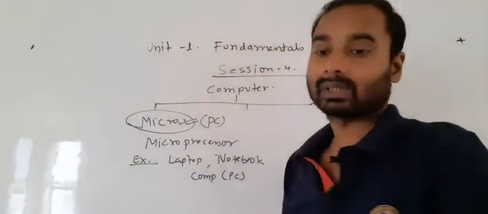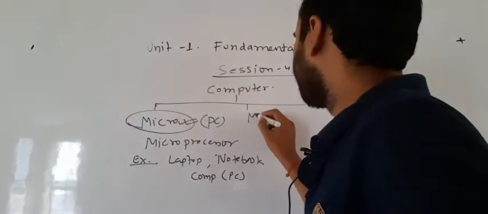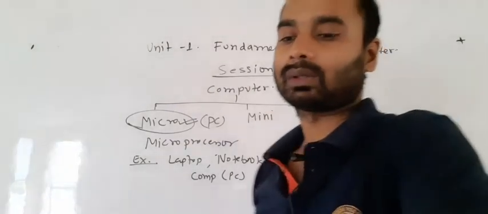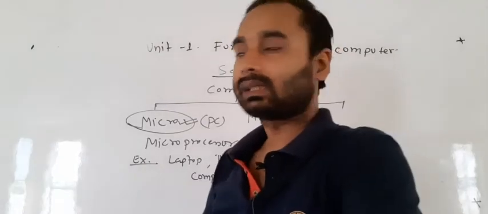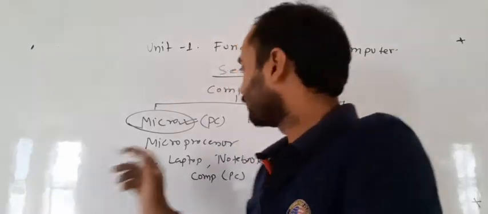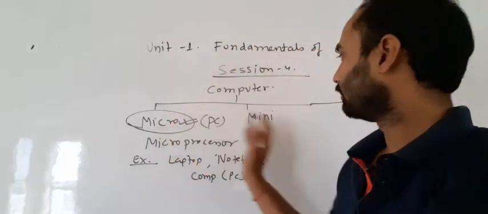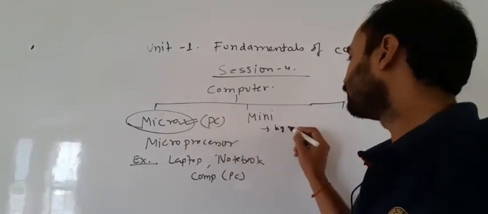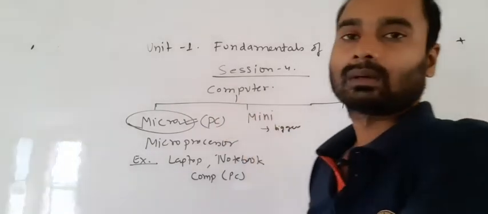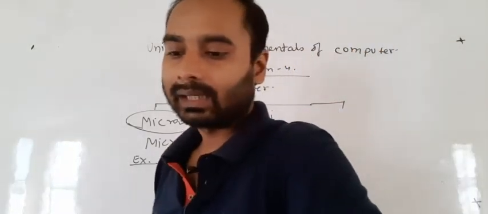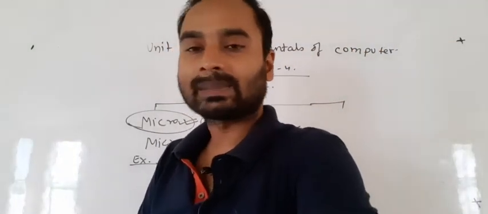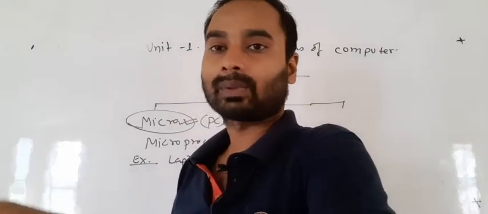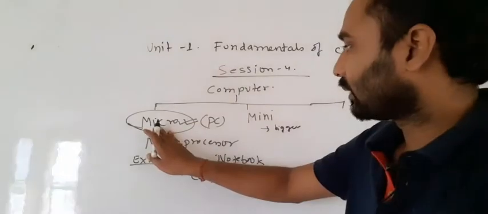Second type of computer is called mini computer. Mini computer is basically bigger in size than the microcomputer, the personal computer, and it has a high speed of data processing compared to the microprocessor.